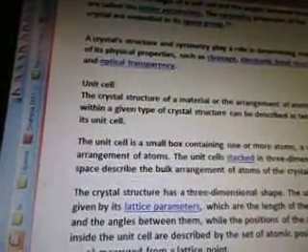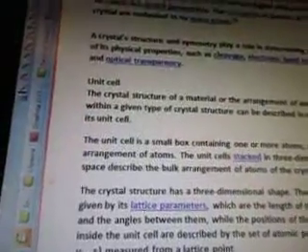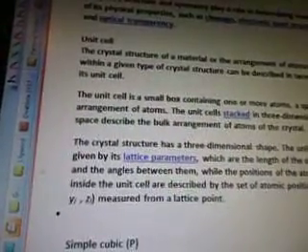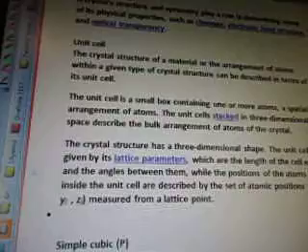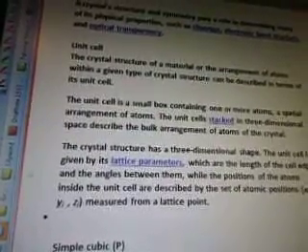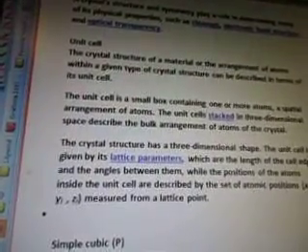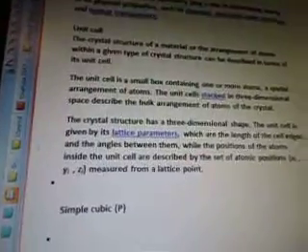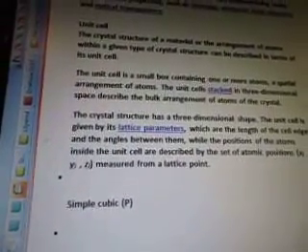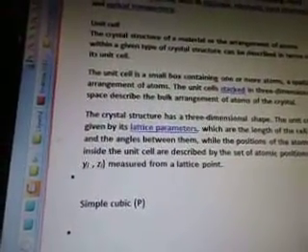Unit cell: the crystal structure of a material, or the arrangement of atoms within a given type of crystal structure, can be described in terms of its unit cell. The unit cell is a small box containing one or more atoms, a spatial arrangement of atoms. The unit cells stacked in 3-dimensional space describe the bulk arrangement of atoms of the crystal. The crystal structure has a 3-dimensional shape.